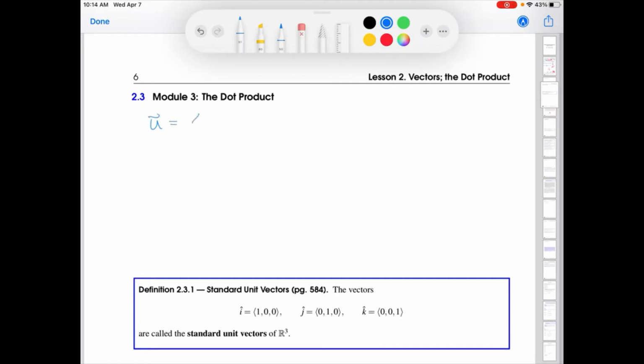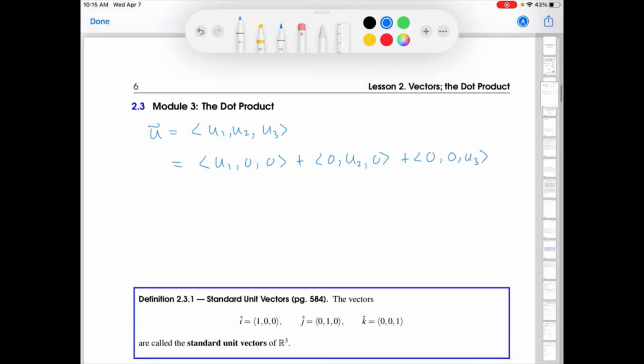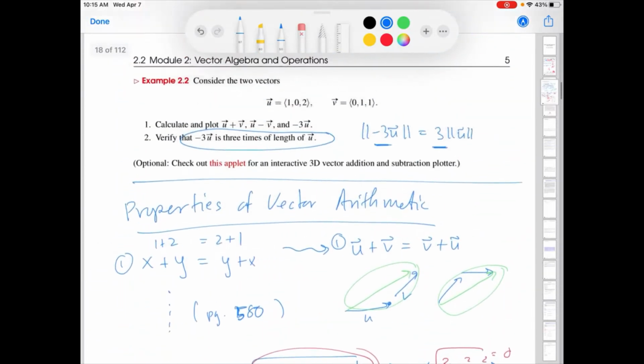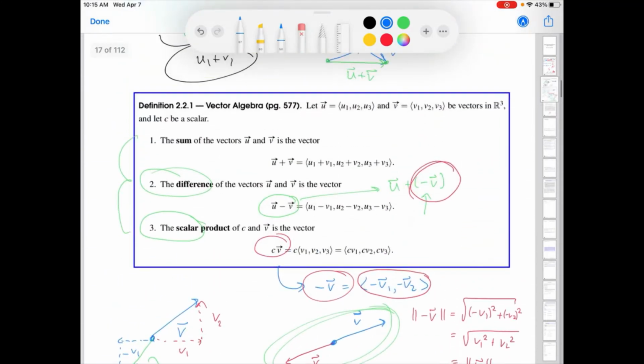Let's start with a vector u with components u1, u2, u3, and let's use some of those properties. We can decompose this, using the properties now sort of in reverse order, into the following sum of vectors. If I go back to the definition from the previous video, I'm using this property of vector addition in reverse.